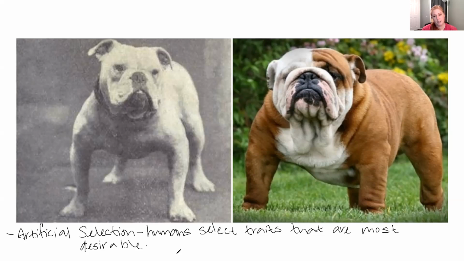For me, one of the things I noticed the most about this is that the today version of this breed is a whole lot heavier and stockier. The legs are a little shorter, definitely not as slender as the then version. And then of course we have a whole lot more wrinkles happening in the face than we did in the past, okay? And that's not coincidence.